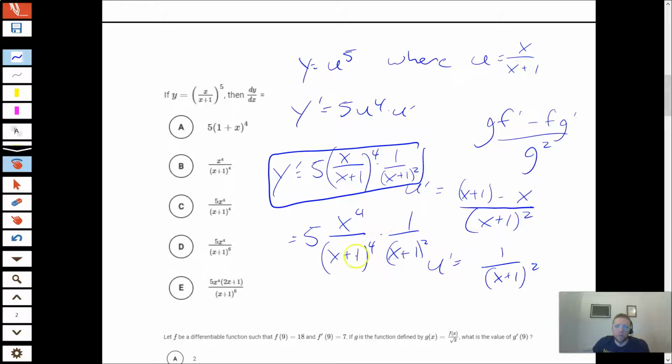And then what I can do now is add my exponents down here in the bottom. x to the fourth, and then x plus 1 to the sixth. And I guess I can write my 5 up here, right? So we'll say 5x up here. So it looks like our answer choices instead of out front. So a little bit trickier of a chain rule example. We use the quotient rule as well, and this guy, choice D, is my solution here.